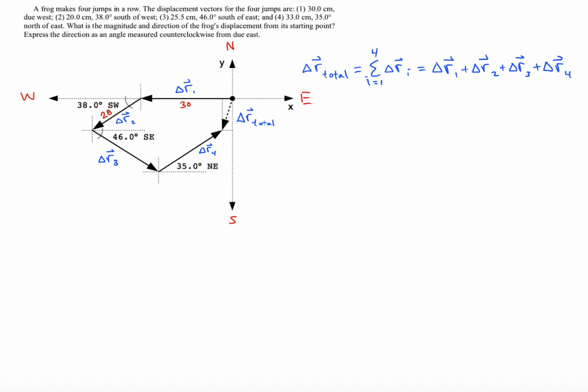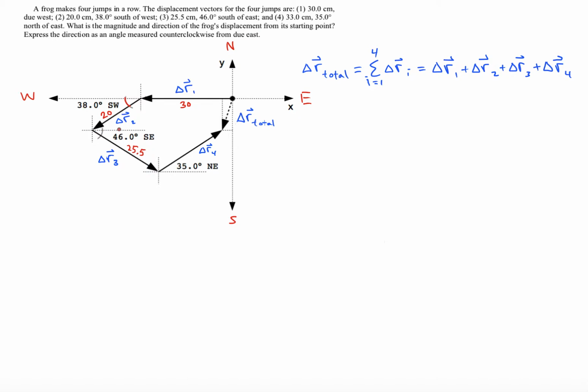So this is going to be a 20. And when I measure the 38 degree angle, it has to be south of west. So we start from the west direction, and then we rotate 38 degrees toward the south direction. We need 25.5 centimeters for this one, and this has to be 46 degrees south of east.